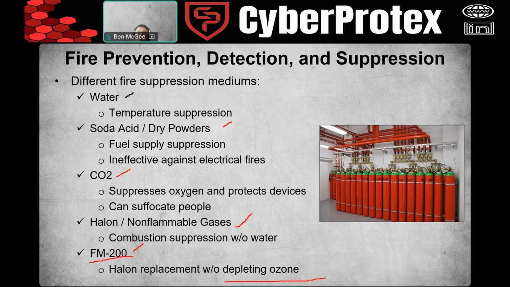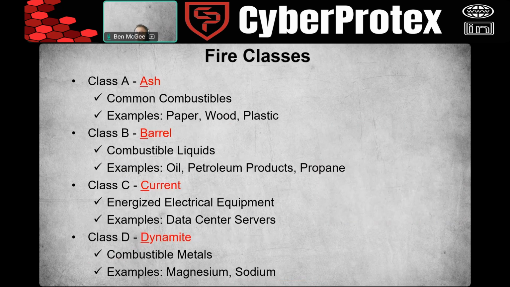The way that we typically remember the fire classes here is either the way that I showed you the other day, or this is an alternative way where Class A is things that turn to ash. Class B are things that fit into a barrel, like oil or petroleum products or propane, accessories.